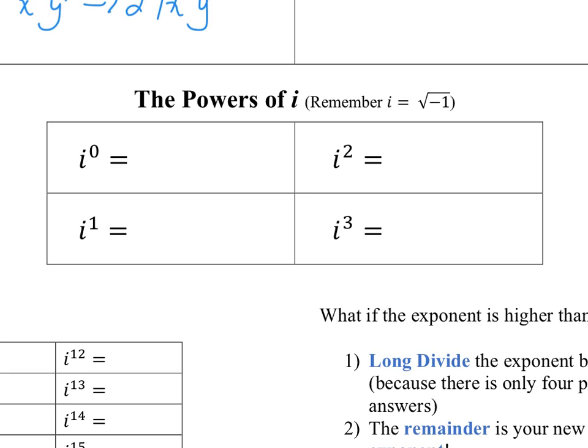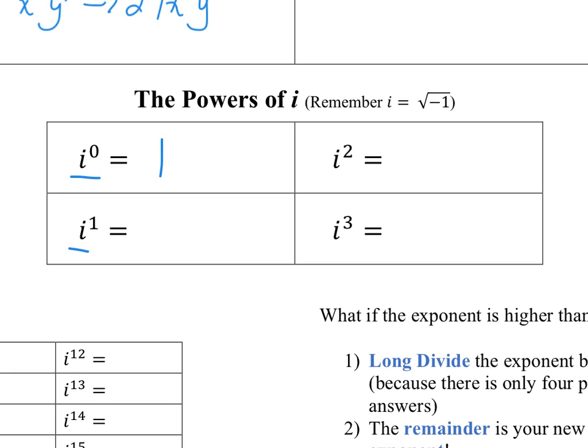So remember that the square root of -1 is what I is. Okay? So these 4 powers of I are the most important 4. These are the 4 that tell you what I to any exponent is going to be, and you'll see why in a minute. So just going through these, I to the 0 power is 1, because anything to the 0 power is 1.